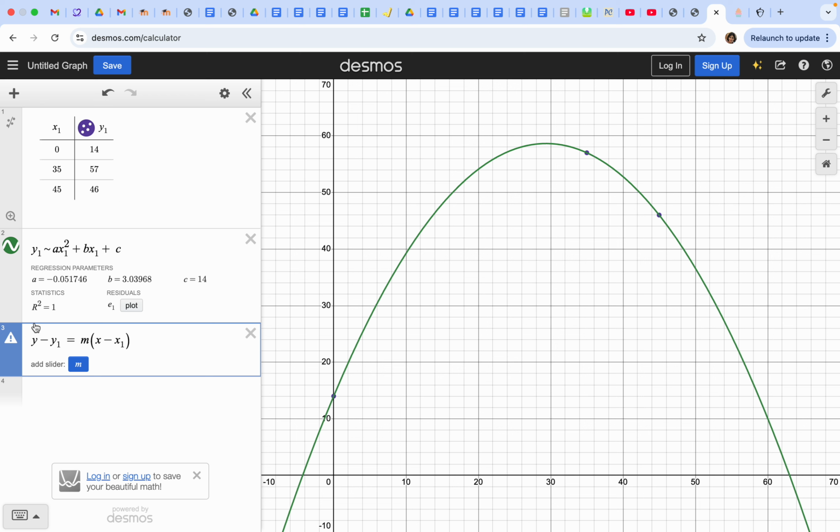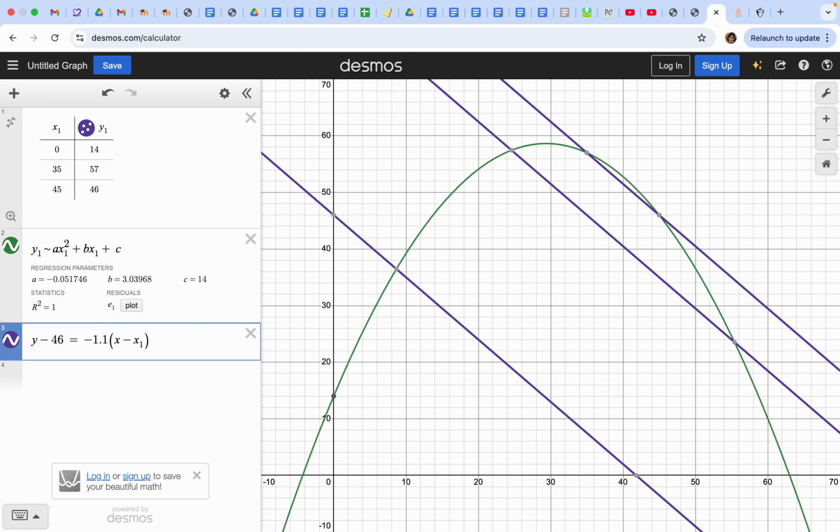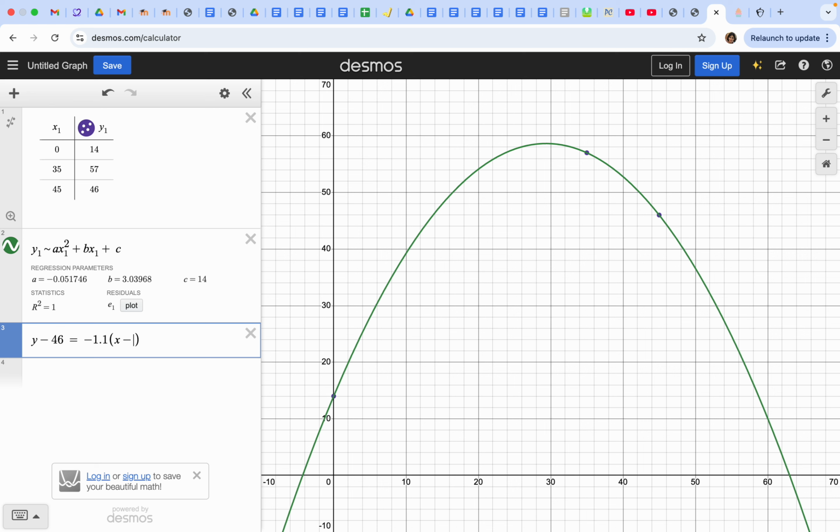But let's finish it. So y is, when we're using point-slope form, y is in our equation. y1 is, we're going to use 46, right? Because this is the y value. The slope we found was negative 1.1. And the x1 value that we need has to correspond with the point I used in y, so it has to be 45. And we can see that is that line. And if you wanted to, you could put in the value of 40 here, right?